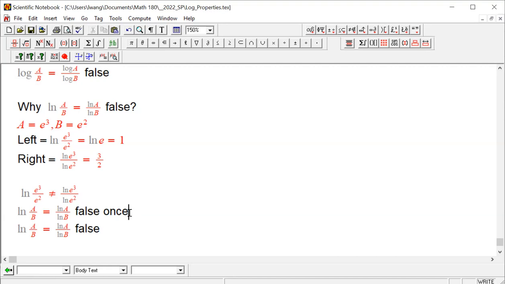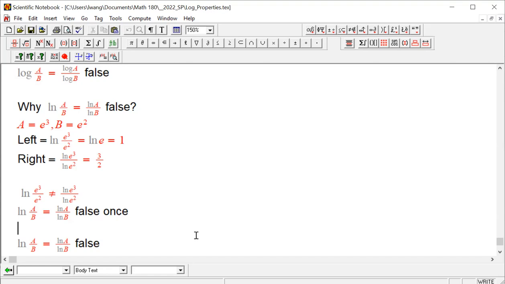So these are the common mistakes, very, very common mistakes. If you don't have some hands-on experience, it's super easy to make these mistakes.